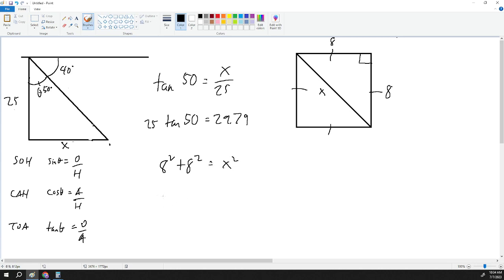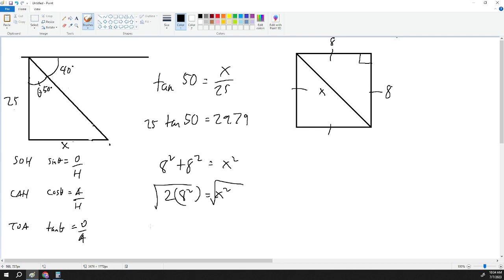Actually, we can do this: 2 times 8 squared is equal to x squared. Square root both sides.